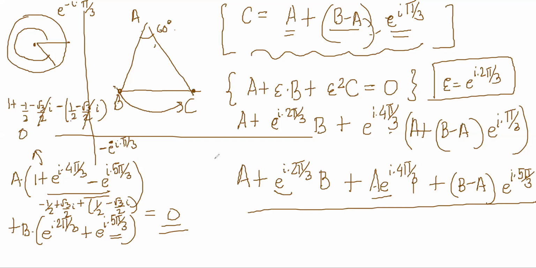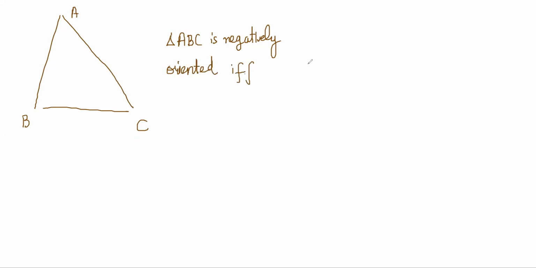Now in case it is a negatively oriented triangle, what does it mean? Triangle ABC is negatively oriented if and only if triangle ACB is positively oriented.